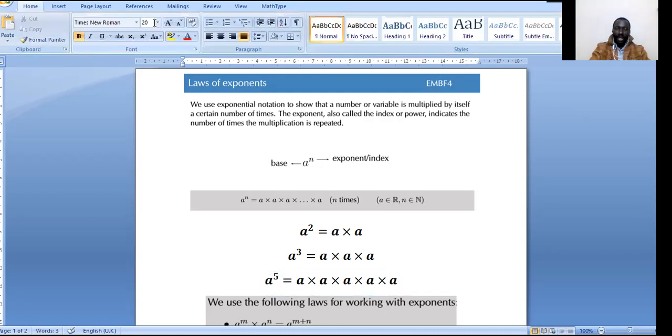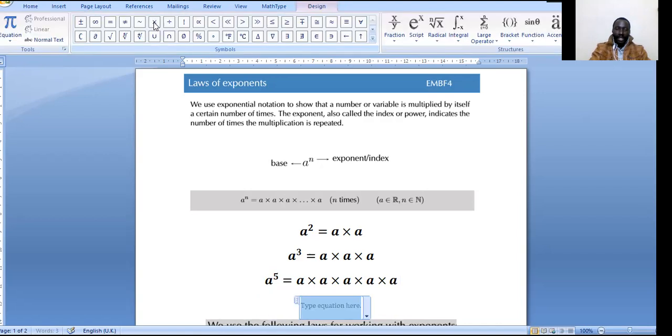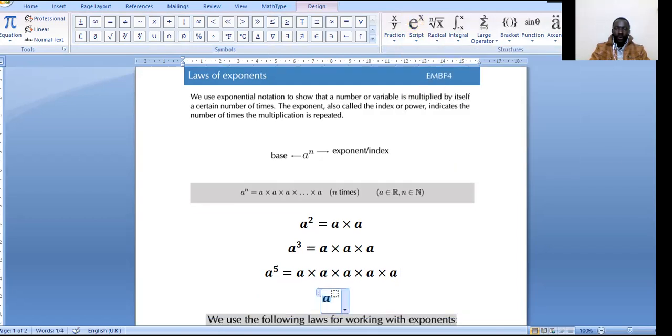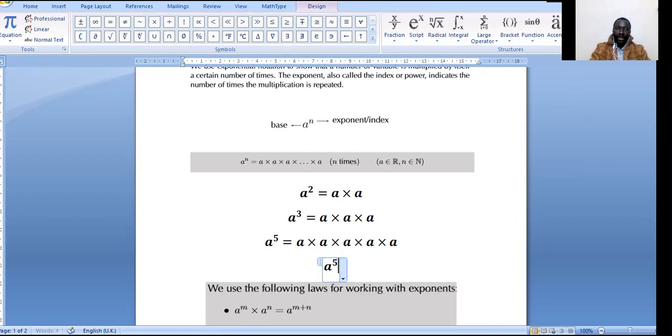This can also be written using what is called the dot product: a dot a dot a dot a dot a, 5 times. So that is what we mean by the definition of an exponent.